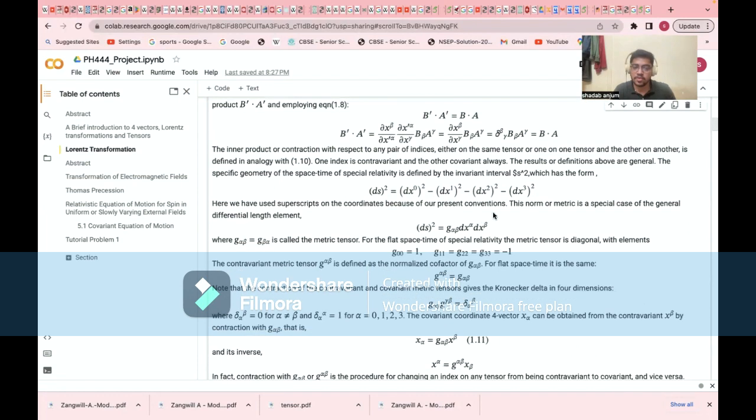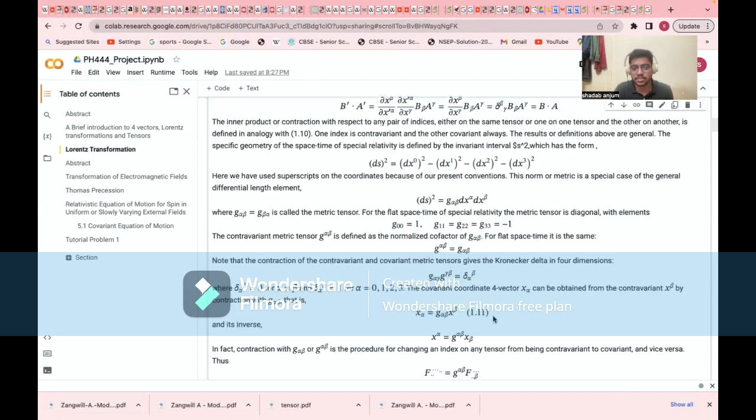And what we come to know is that we have a special kind of tensor, which is called a metric tensor, that we'll be using to change the indices of various covectors and contravectors, and matrices, covariant tensor and contravariant tensor.